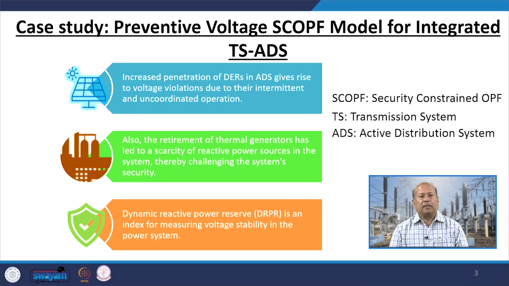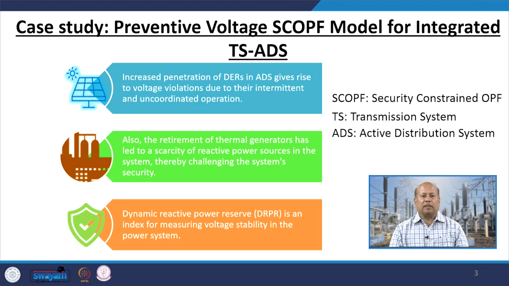Dynamic reactive power reserve, that is DRPR, is an index for measuring voltage stability in the power system. When reactive power is scarce, voltage stability issues become significant.